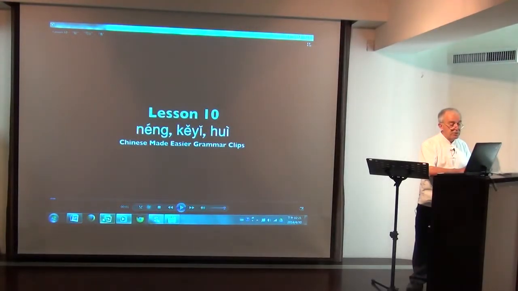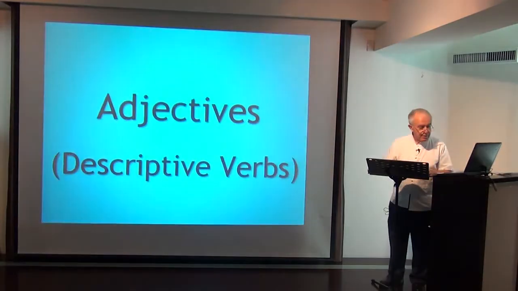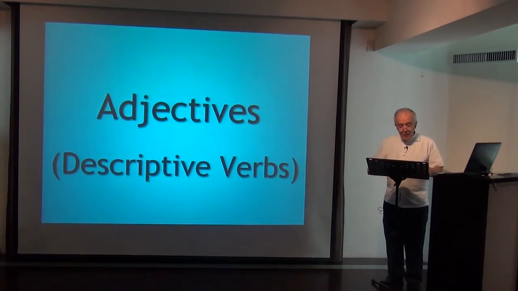All right, let's go back to the PowerPoint and continue to look at adjectives. The key point to tell your student about is that the verb to be is embedded in the Chinese adjective.